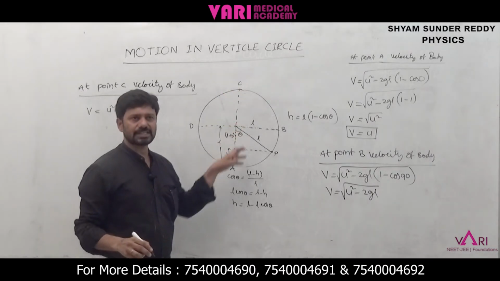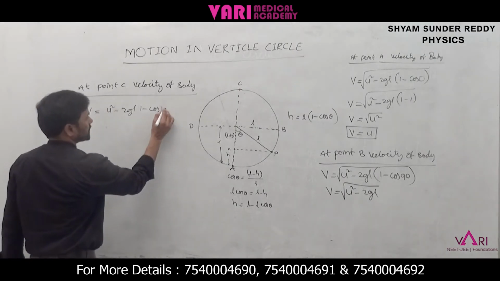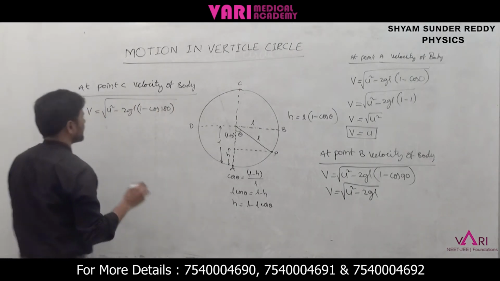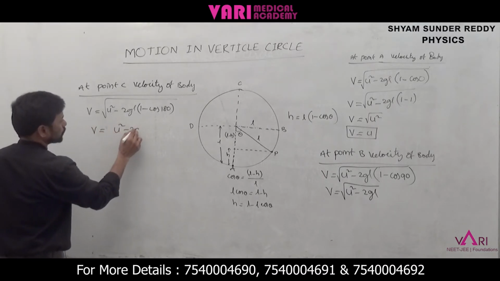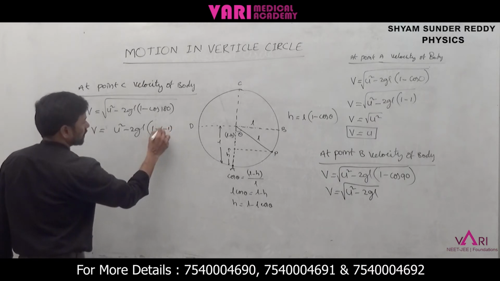Here θ is equal to 180 degrees. Cos 180 is minus 1, so it is U square minus 2gL into (1 minus of minus 1).